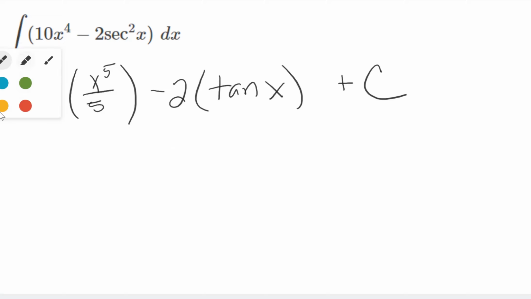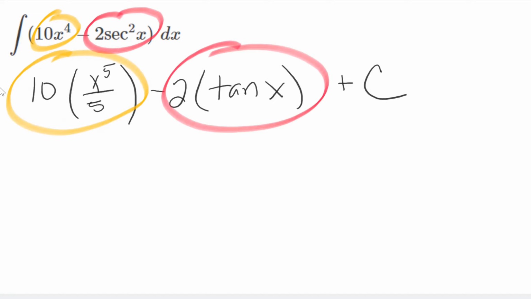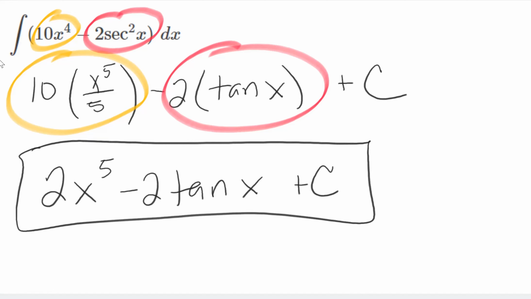So you're doing each individual piece. So that becomes that. And that becomes that. Individually. 10 divided by 5 is 2, so we get 2x to the fifth minus 2 tangent x plus c. So that would be my integral.